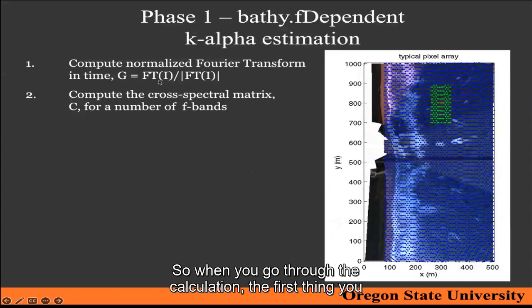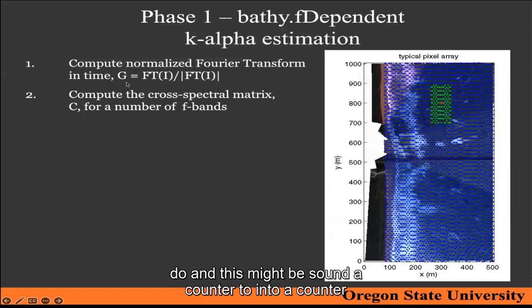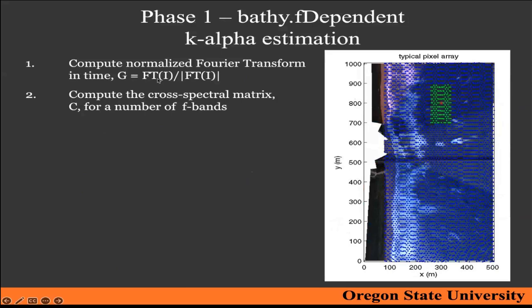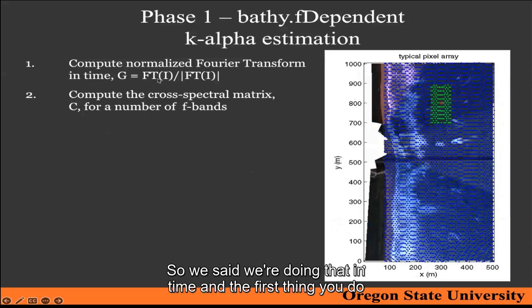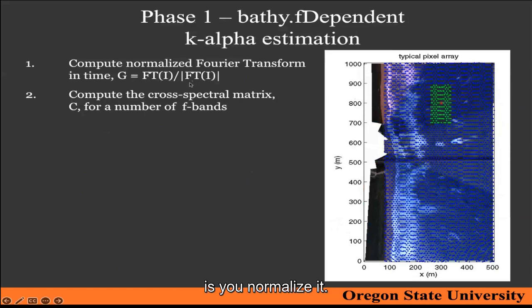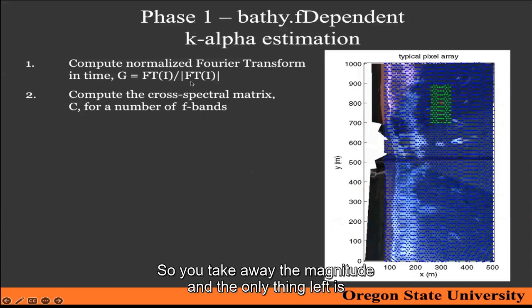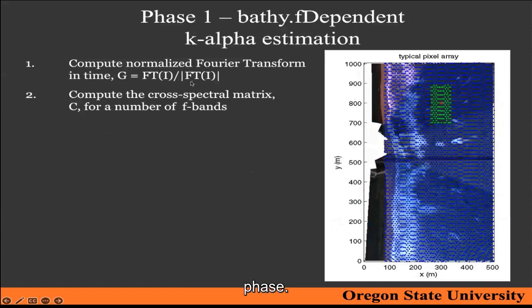Okay, so when you go through the calculation, the first thing you do, and this might sound counterintuitive, you do a Fourier transform. So we said we're doing that in time. And the first thing you do is you normalize it. So you take away the magnitude, and the only thing left is phase.